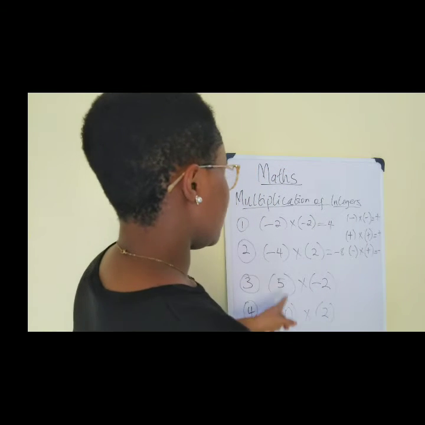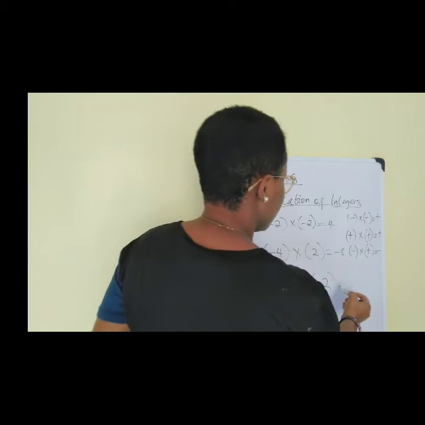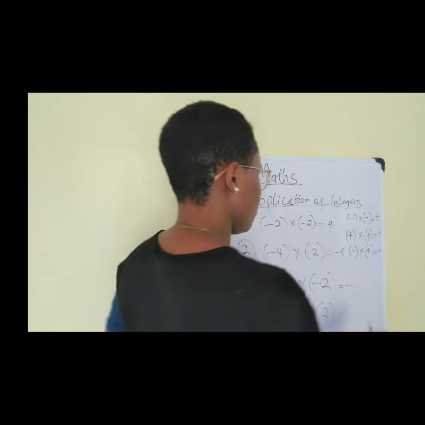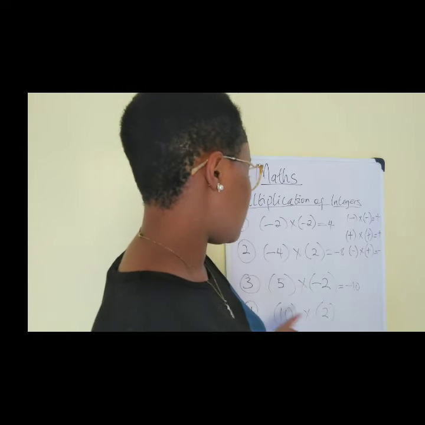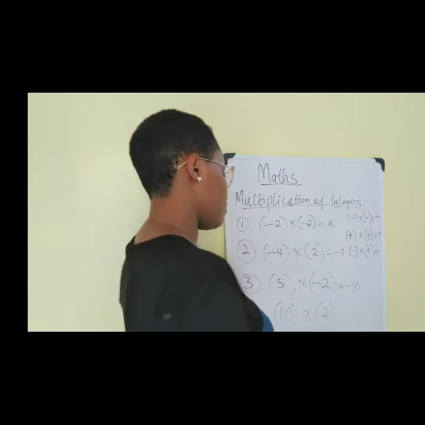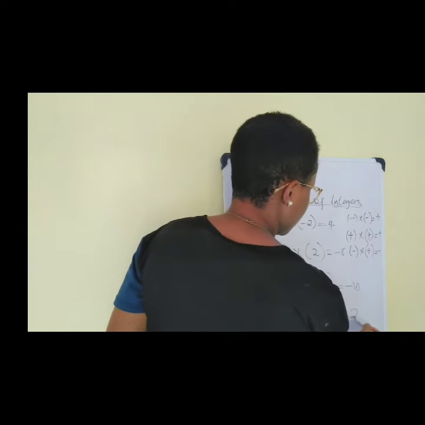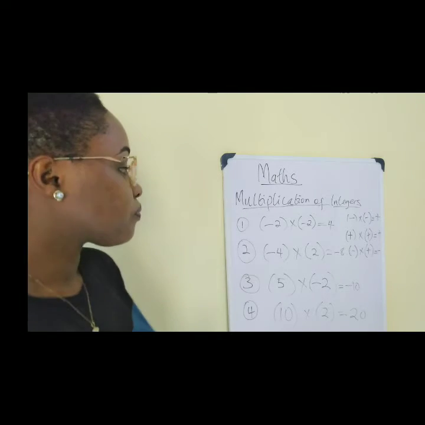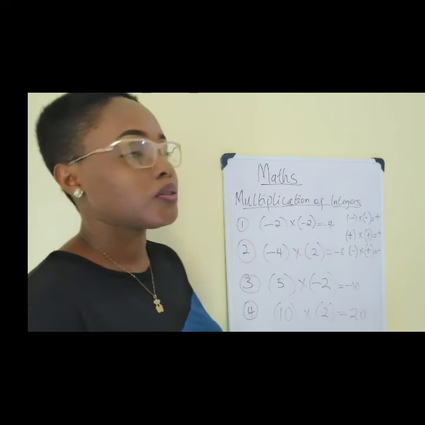The third one, a positive multiplying a negative will still give us a negative outcome. 5 times 2 is 10. Then the fourth one, a positive multiplying a positive will give us a positive answer. 10 times 2 is 20. So we have a positive 20 as our answer.